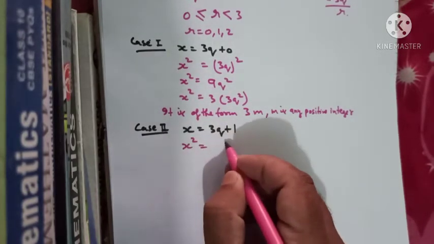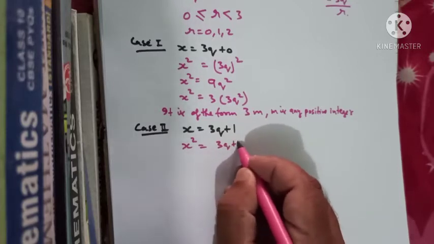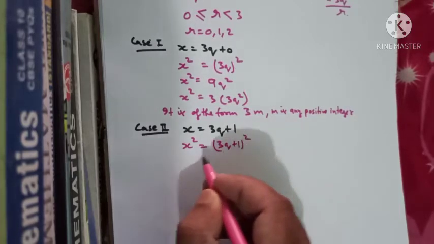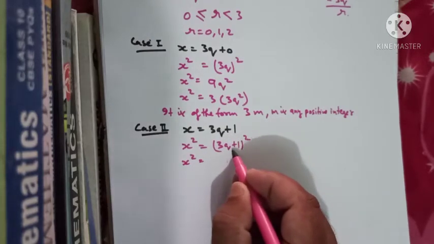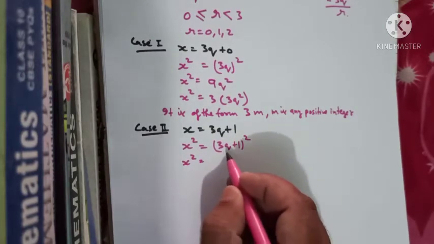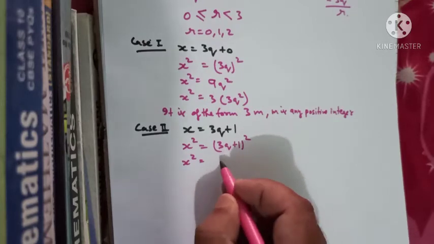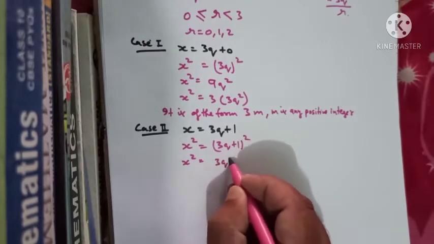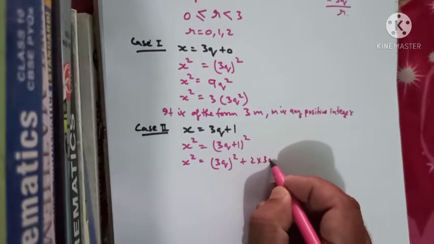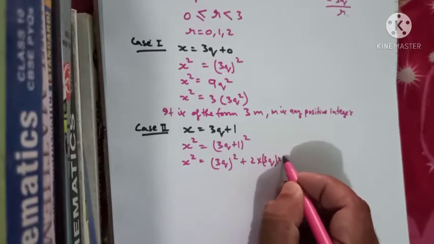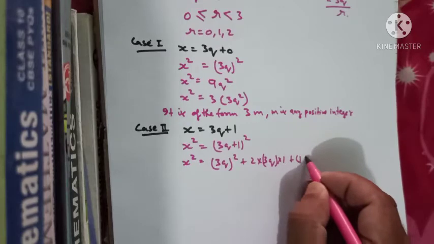x square will be square of 3q plus 1. And square of 3q plus 1 will be a square plus b square plus 2ab, or a square plus 2ab plus b square. So a square, that is 3q whole square, plus 2 into a into b plus b square.